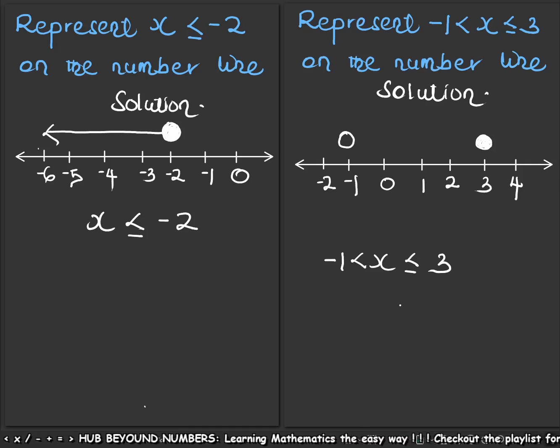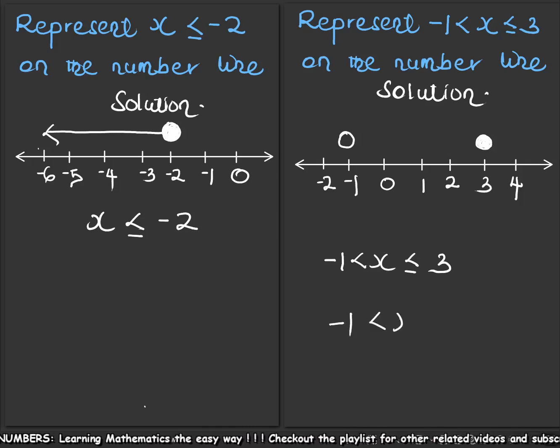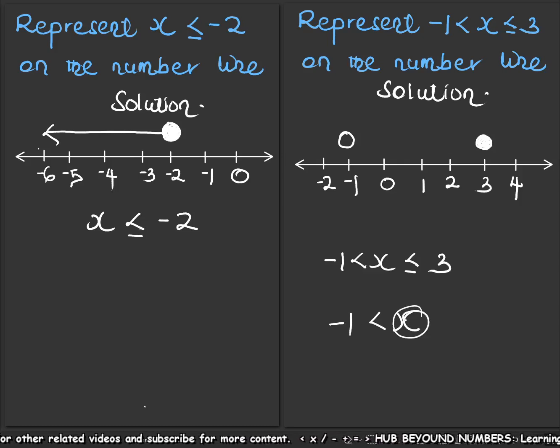But another way of reading it is, this is x. So if we have -1 is less than x, right? Then it simply means that all the values of x are greater than -1. Why? Because they said -1 is less than x. You see, so x is greater than -1.